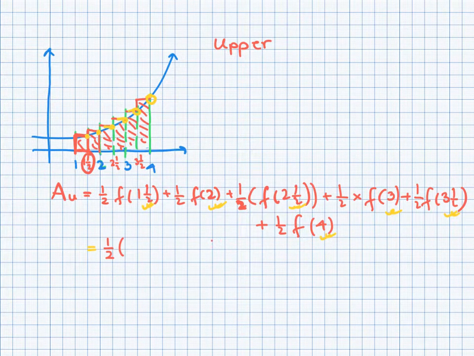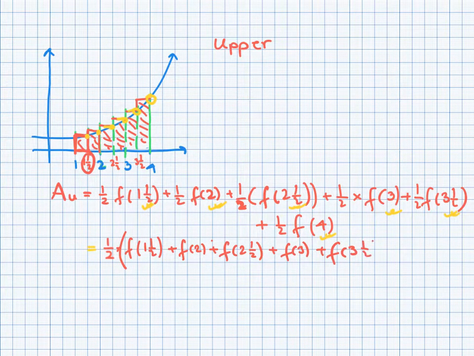So you don't have to have both, definitely. So again, I have this line, I'm just going to get rid of this one here. So half times f of 1.5, it's common, plus f of 2 plus f of 2.5 plus f of 3 plus f of 3.5 and plus f of 4.